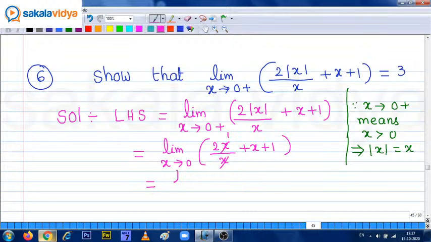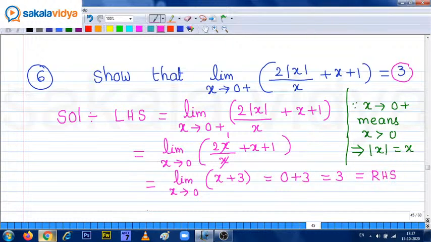We have limit x tends to 0 of (2 plus 1), that is x plus 3. Let us substitute the limit now: 0 plus 3 equals 3. What we need to prove? Yes, 3. This equals RHS. Hence proved.